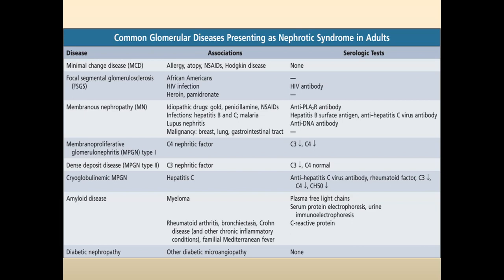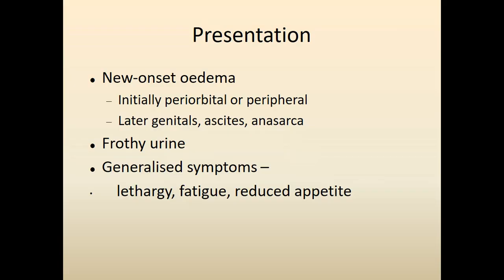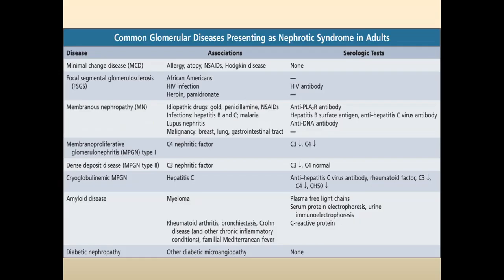Again, amyloidosis and diabetic nephropathy are causes of secondary glomerular disease causing nephrotic syndrome. Again, I repeat, the lesions of nephrotic syndrome are minimal change disease, focal segmental glomerulosclerosis, membranous nephropathy, and membranoproliferative glomerulonephritis.